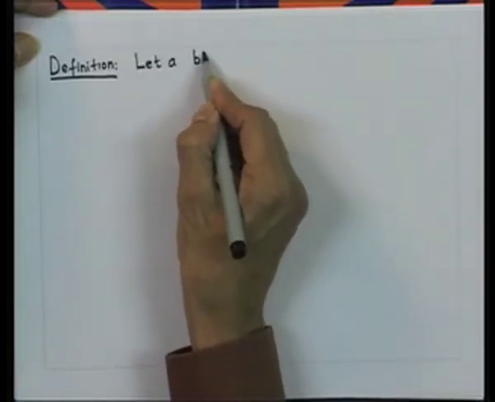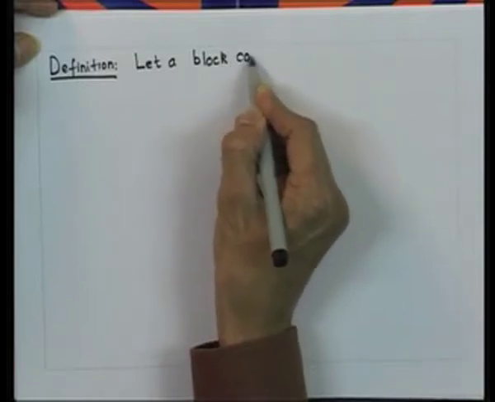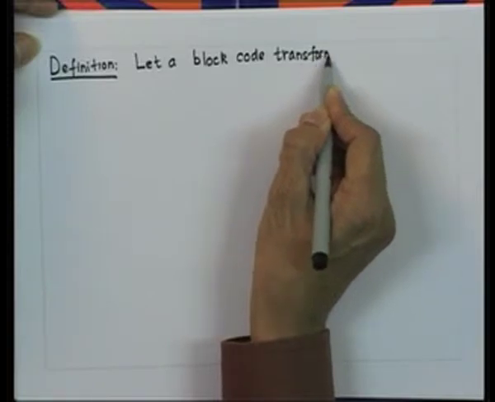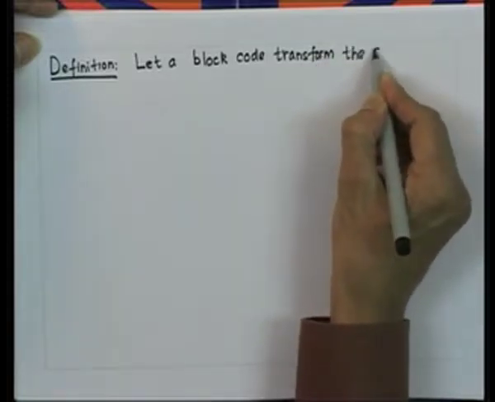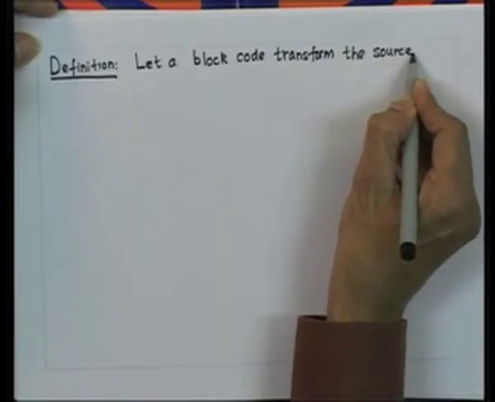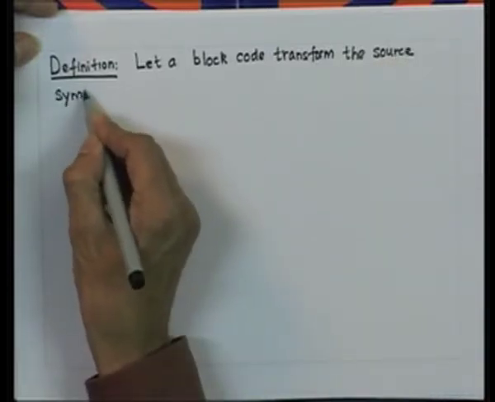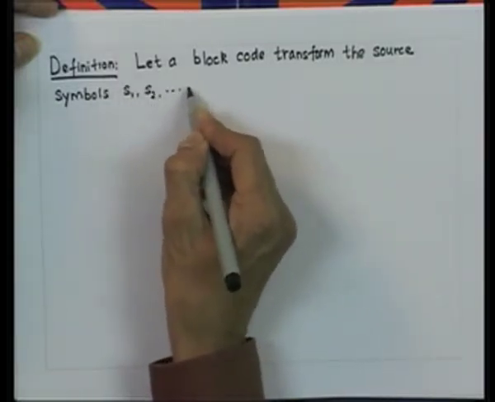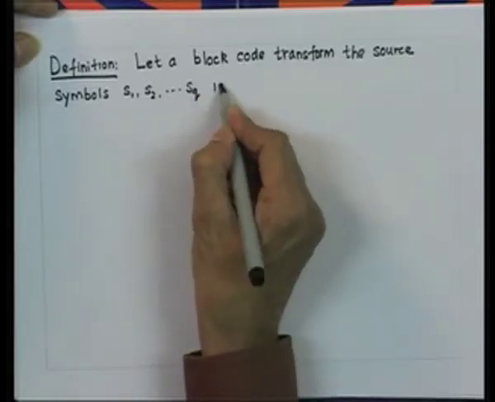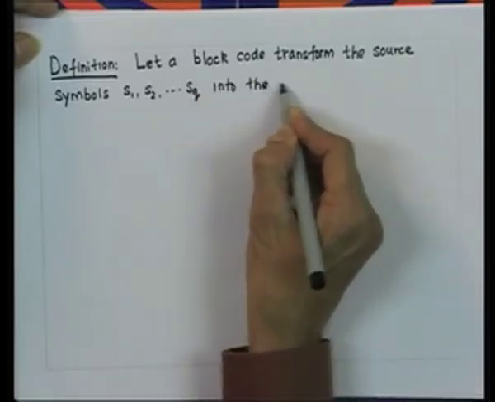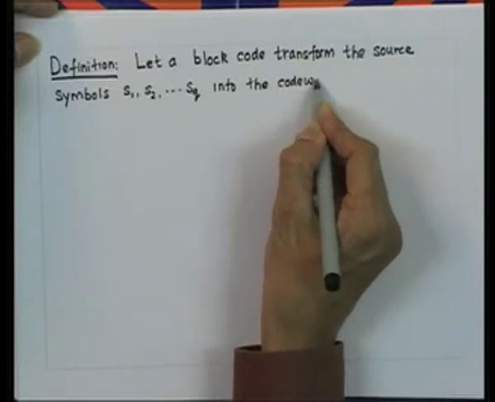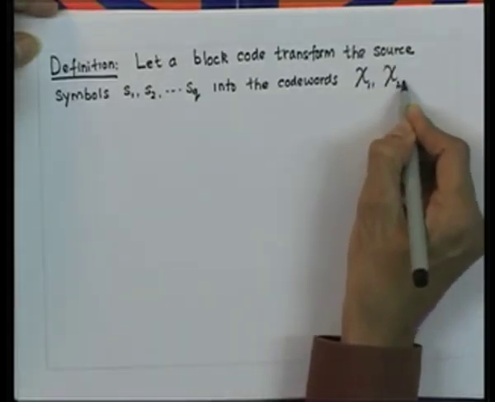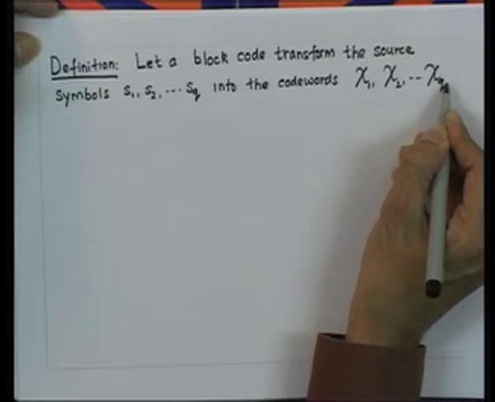Let a block code transform the source symbols S1, S2 up to SQ into the code words X1, X2 up to XQ.